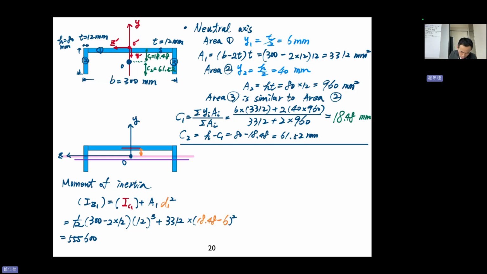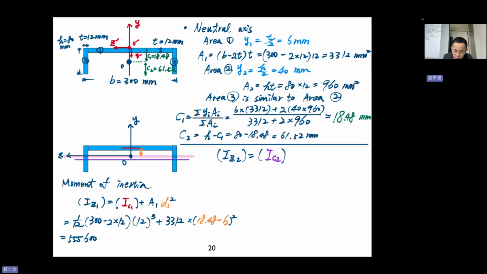How about IZ2? IZ2, or you can say IZ3. IZ2 are the same. So it's IC2 and well, should I say C1 or C2?